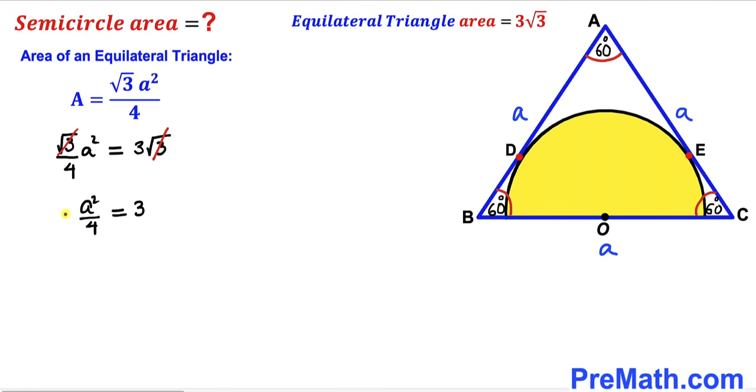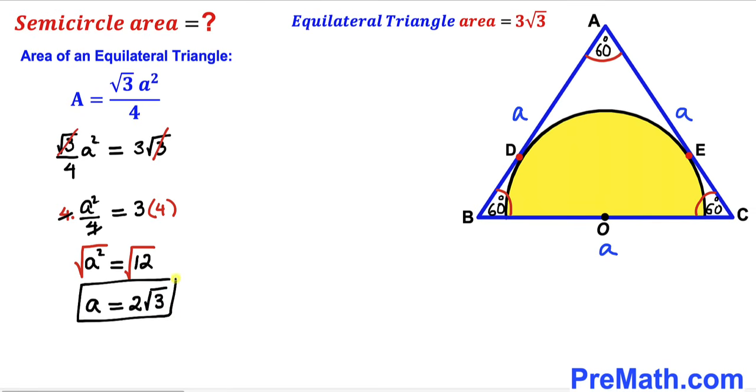And now I am going to multiply both sides by 4 to remove this fraction. And here we can see this 4 and 4 is gone. So therefore a square value turns out to be 12. And now I am going to undo this square by taking the square root on both sides. So therefore our lowercase a value turns out to be 2 times square root of 3 units.